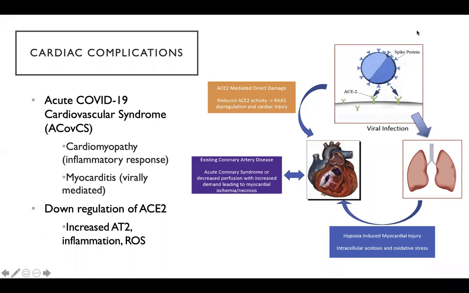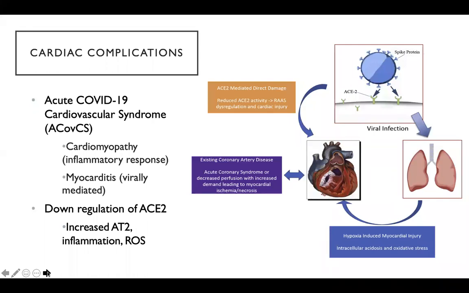The second mechanism is through the virus itself, and this would be on the top left arrow, as it results in an ACE2-mediated direct damage. Essentially, the virus is replicating within the cardiac myocytes themselves, leading to this myocarditis. Specifically with the myocarditis, patients are developing prolonged QT syndromes.